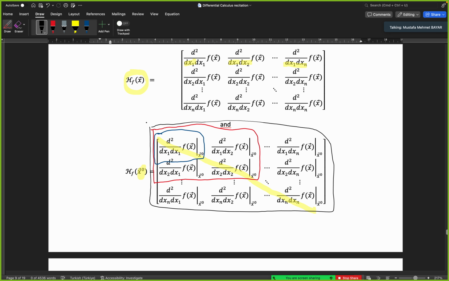If all these determinants are non-negative, then you say that the Hessian of F is a positive semi-definite matrix, and around x0 you have a convex region.